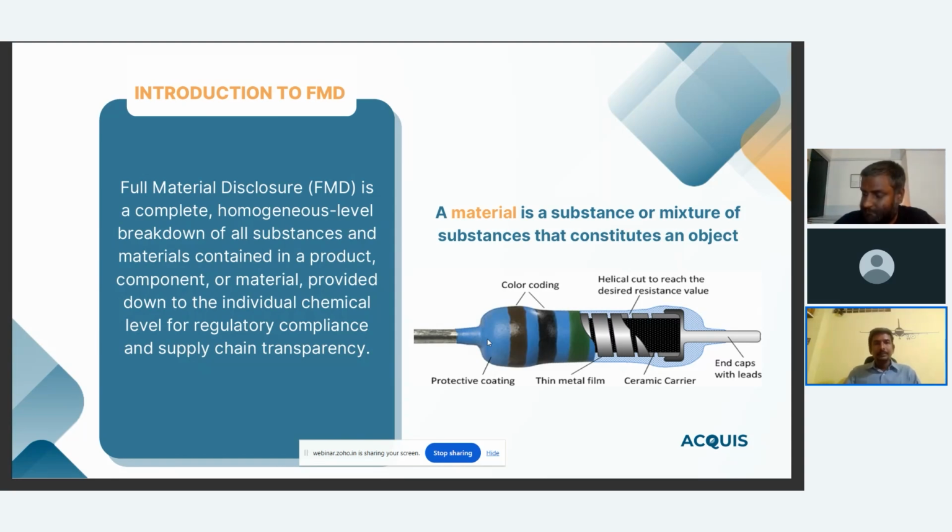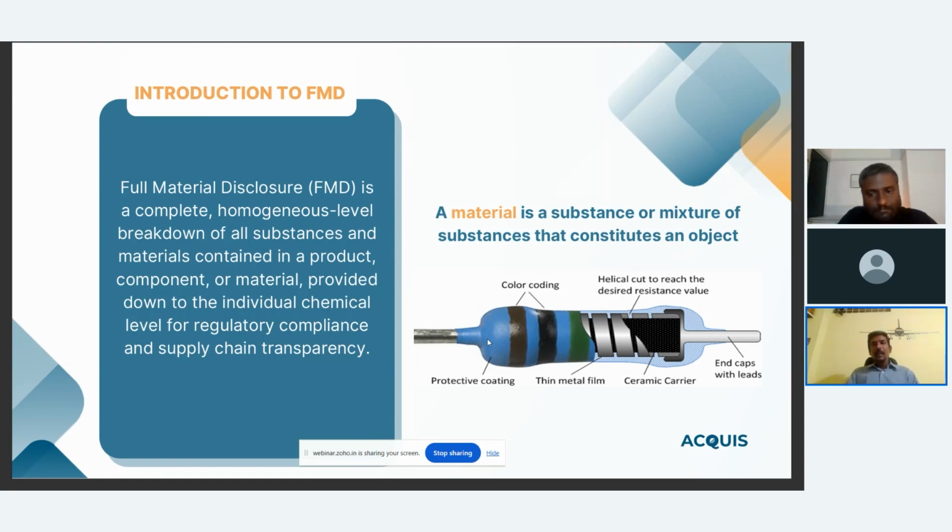Full material disclosure is nothing but the homogeneous level breakdown of all the materials and substances a product is made out of. And this complete material and substance level breakdown at homogeneous level helps in evaluating that particular component, part, or material against the declarable substance or regulated substance list for different regulations across the globe, including RoHS, REACH, Prop 65, and others.